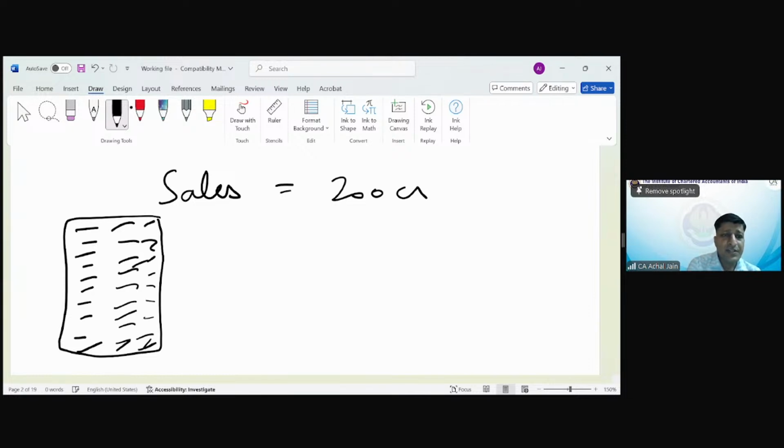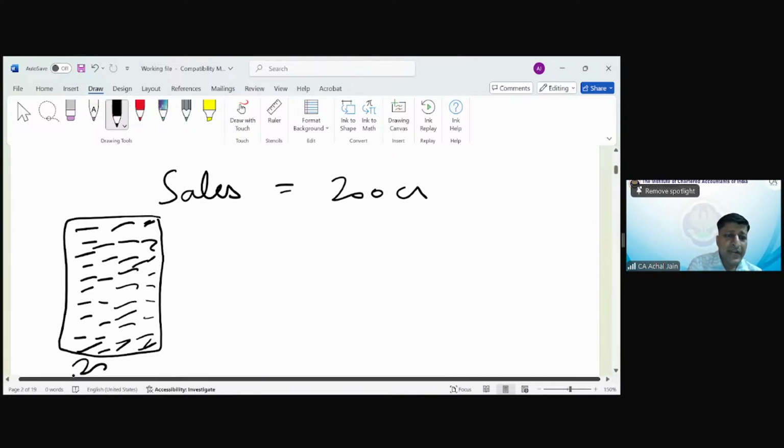The sum total of that will be 200 crore. Now in this case, you will apply random selection. So on a random basis you select from all of these. So that's one approach.